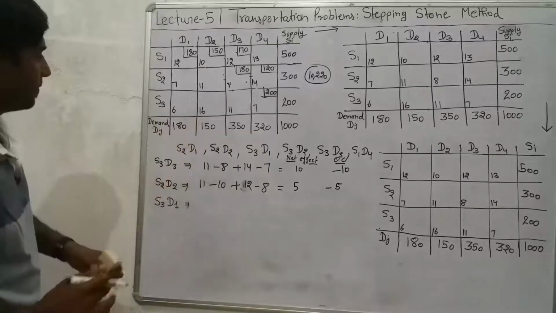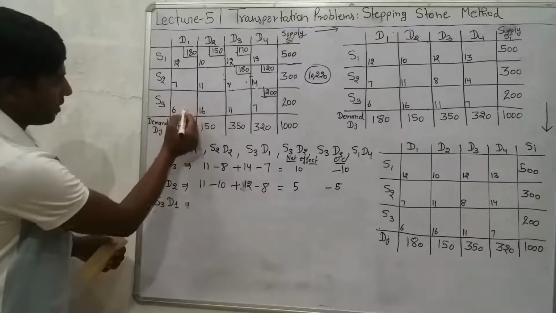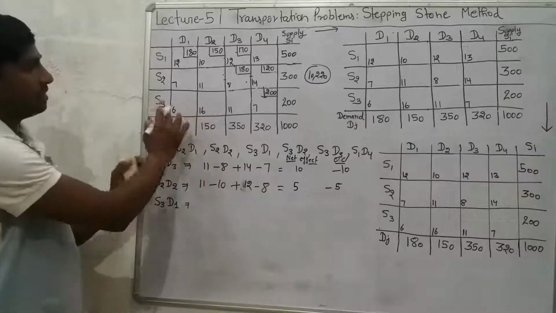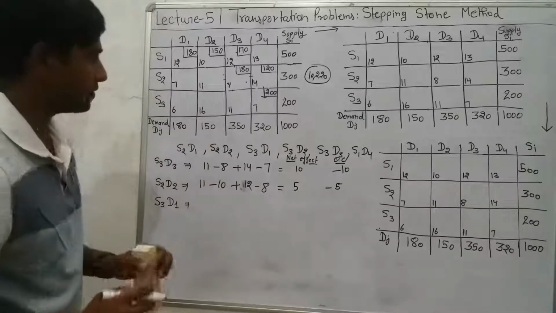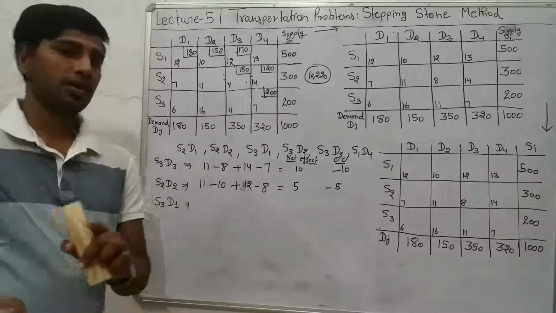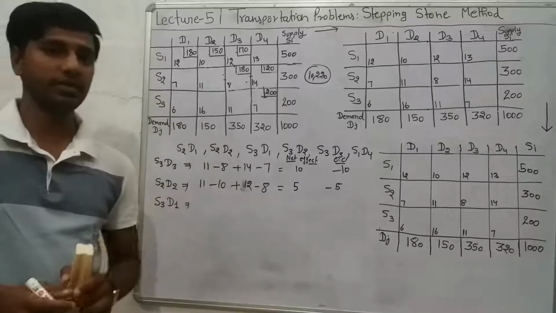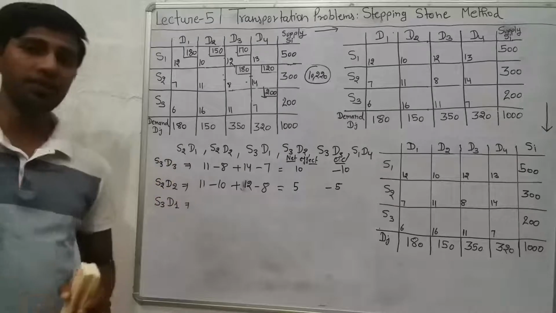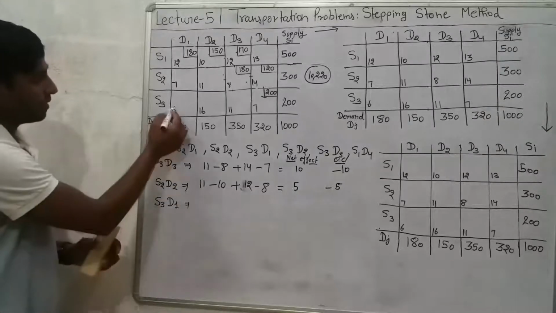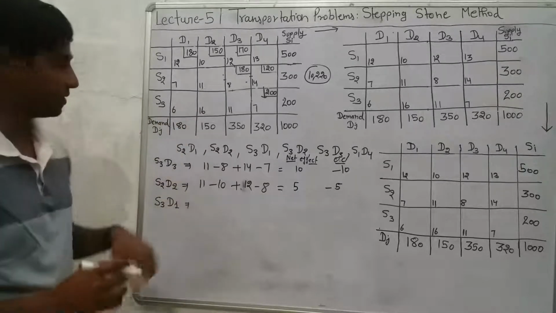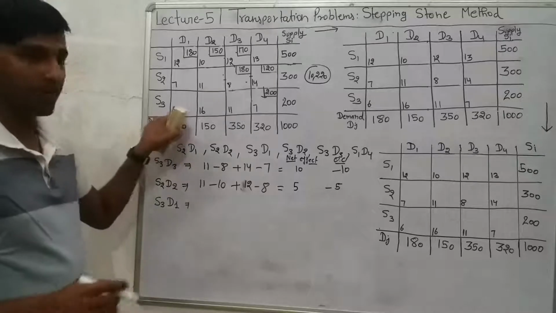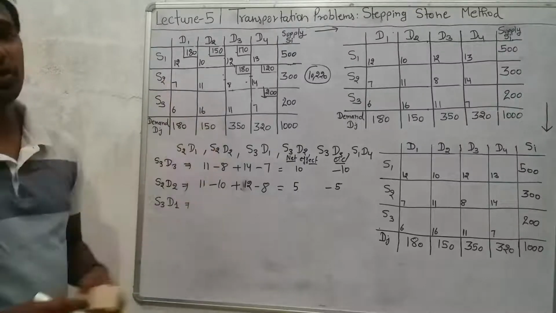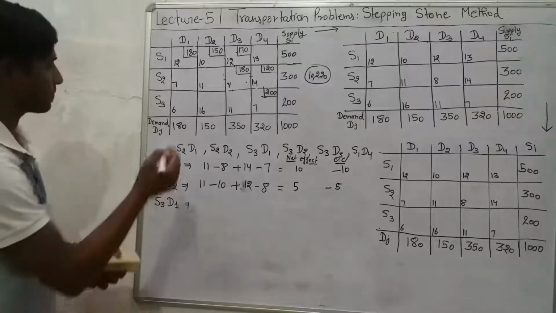Now look at this cell. Remember that the corner points of the closed loop should be occupied cells. They cannot be unoccupied cells. In a closed loop, there can be only one empty cell, that is the one for which we are calculating opportunity cost. It means only this one. Except this, all should be occupied cells or basic variables.